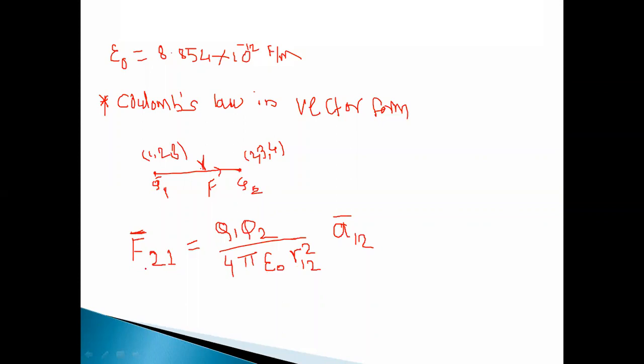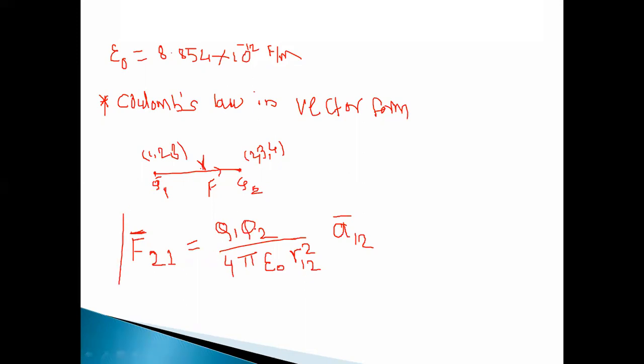If this is F2 1, then here you can take R12 and a bar 12. That way, if more than 2 charges are given, you will not make mistakes while doing calculations. That's why I'm giving this. I hope all of you understood this.